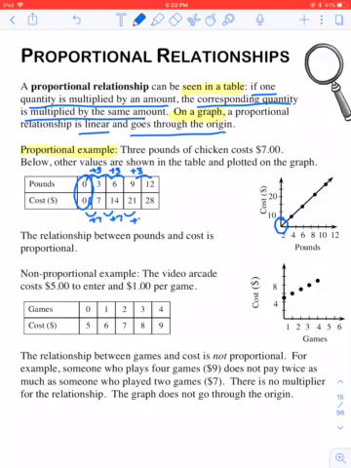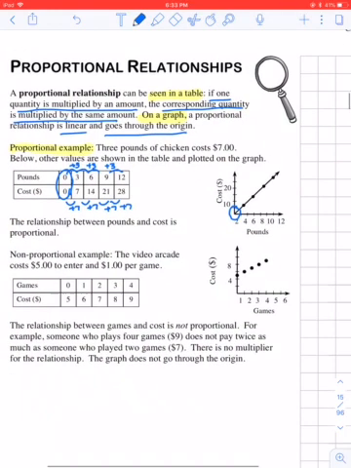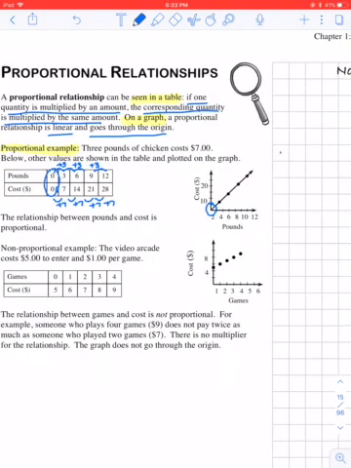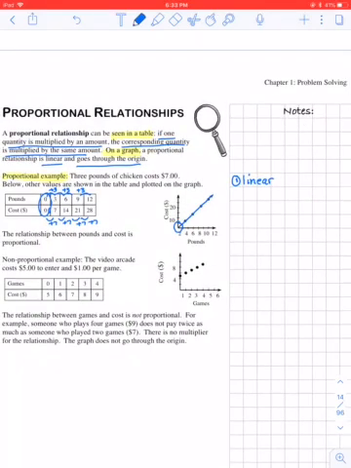As long as those are consistent all the way through, that tells us that this relationship is linear. So yes, it is linear, and we can double check that by looking at the graph. I noticed that this graph is a straight line, so that tells me it's linear, because linear means it's a straight line.